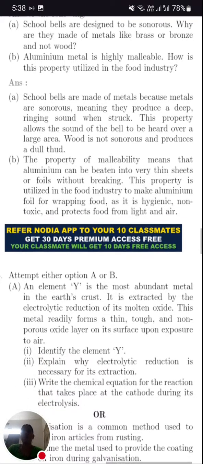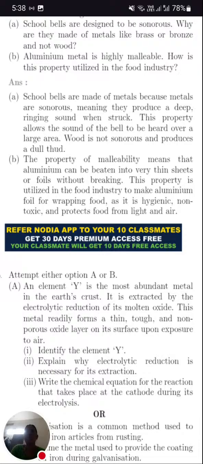Now the next one, aluminium metal is highly malleable. So these are related to the physical characteristics of the metal. Most metals are malleable in nature, so aluminium is malleable.